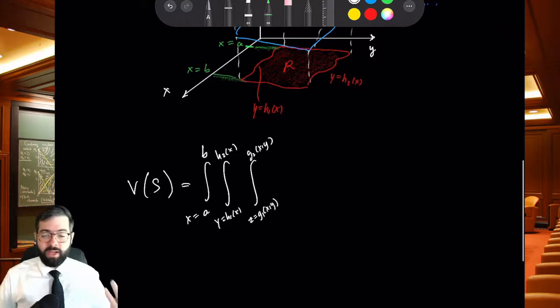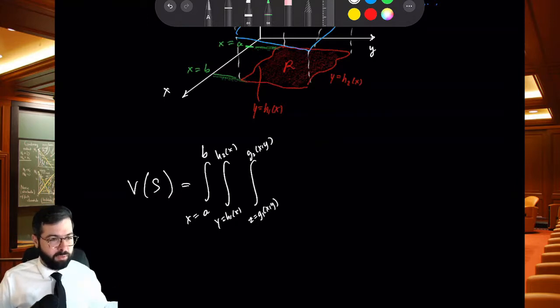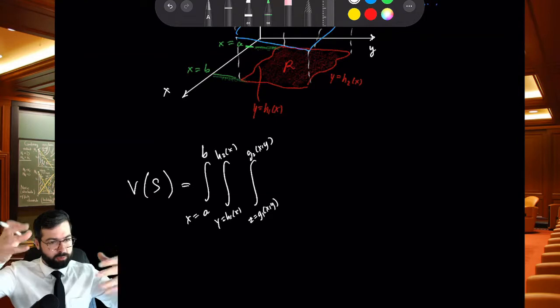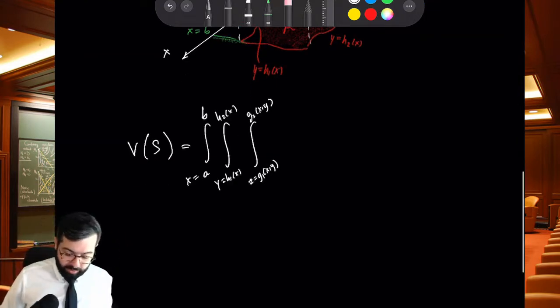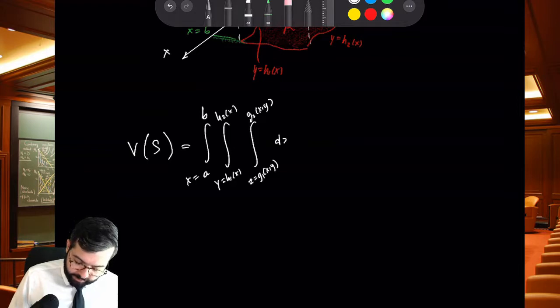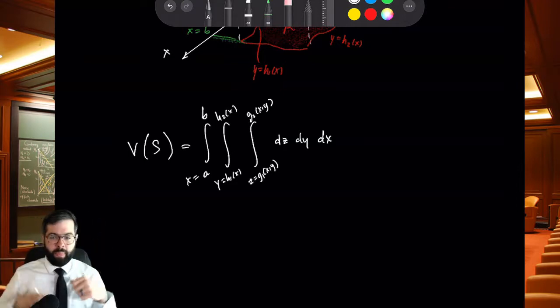Now these could be constants, but they do need to be functions of x and y. So they can still be a constant function of x and y. You can just do this with a cube or rectangular prism and just have it be perfect. But if you have curves or you have surfaces, then we'd write it like this, and it's dz, dy, dx. Again, starting on the innermost and working your way out.